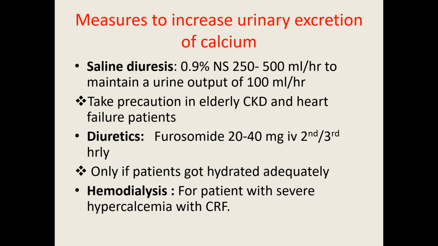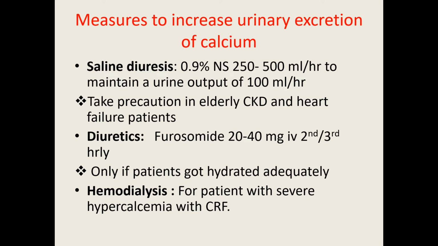So how do we increase urinary calcium excretion? We can use saline diuresis with normal saline 250 to 500 ml per hour to maintain a urine output of 100 ml per hour, but with caution in the elderly, CKD, and heart failure patients. And we can use diuretics. Only furosemide can be used, 20 to 40 milligram IV, second to third hourly.